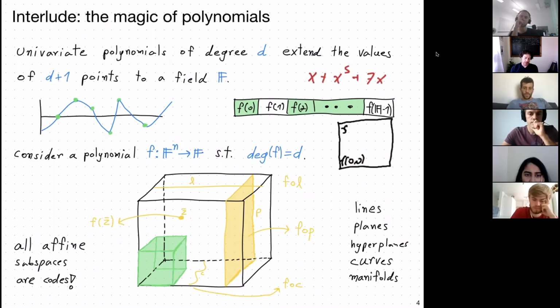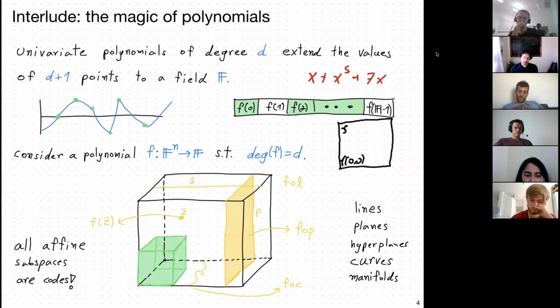So what do I mean by that? If I take any line in the hypercube, then this line would be another good code. And the reason why is, if you take a polynomial and you restrict it to a line, this is just taking the polynomial and evaluating it by the equation of a line. So in some sense, the degree remains the same, and this is still a low-degree polynomial.